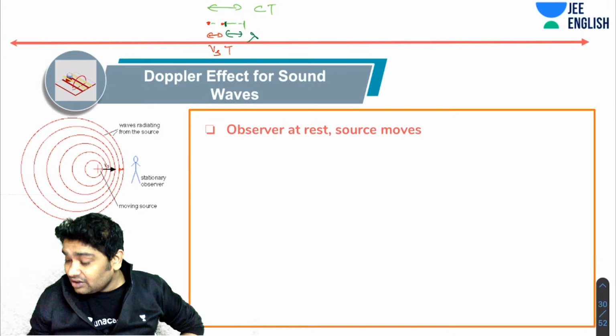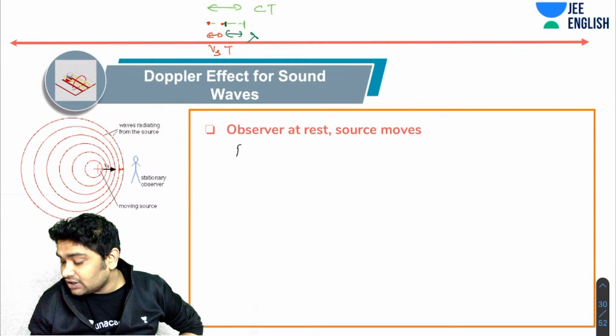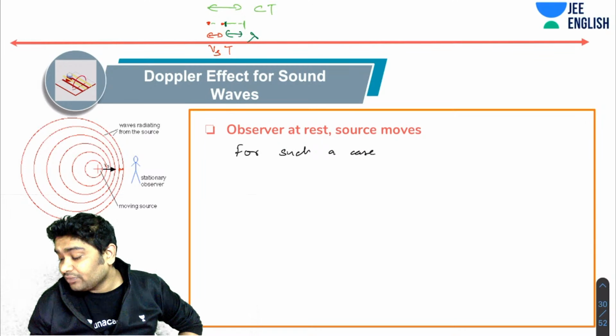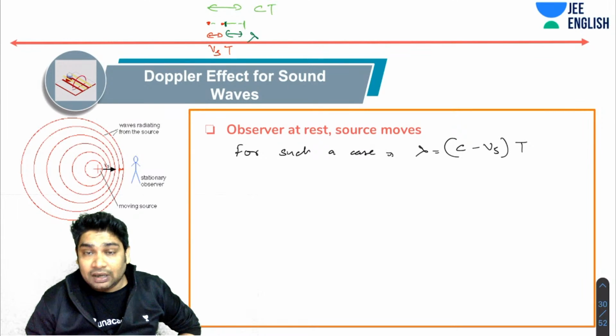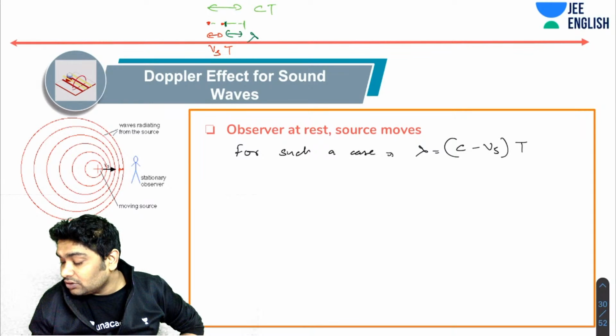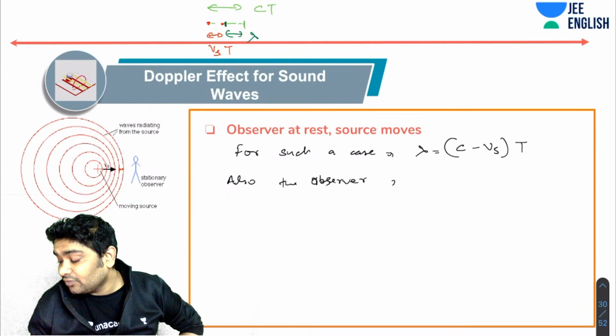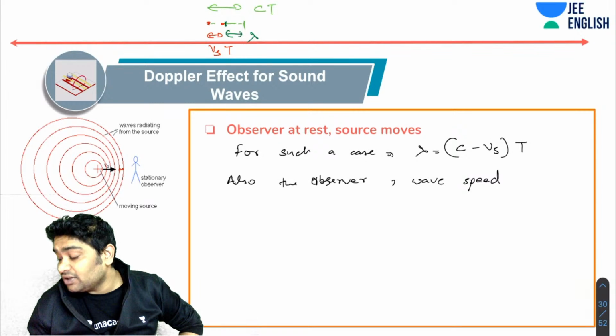So in such a case where the observer is at rest, lambda is (c minus v of source) times T. Great, so that is my lambda. Now, for the observer, the wave speed is still c, because the observer is stationary.